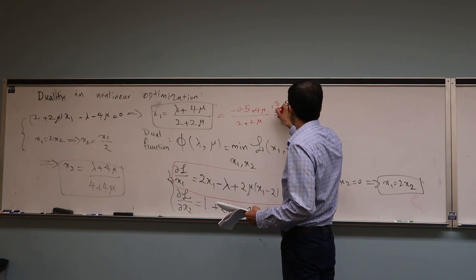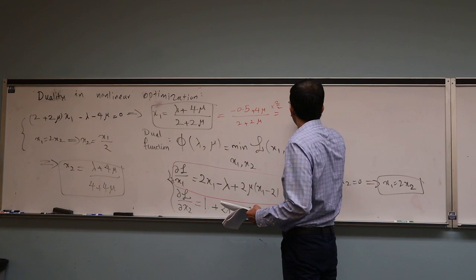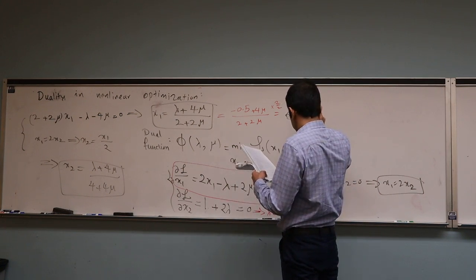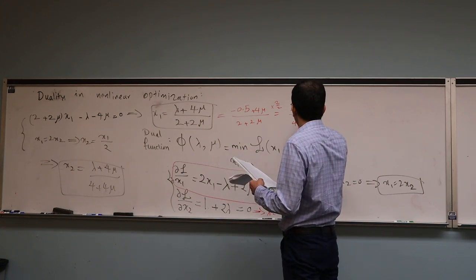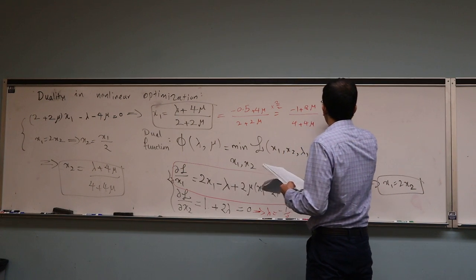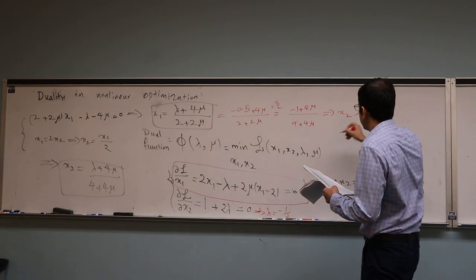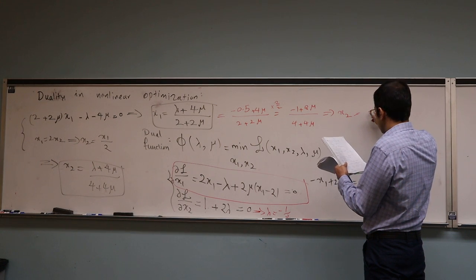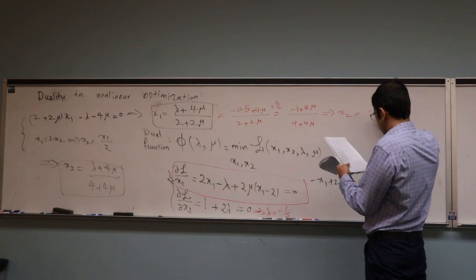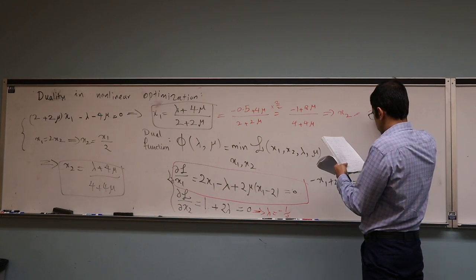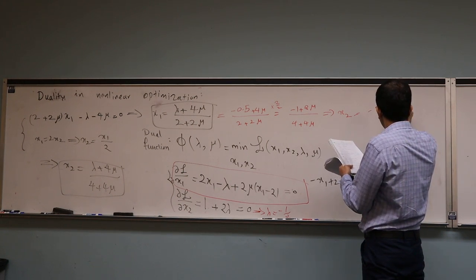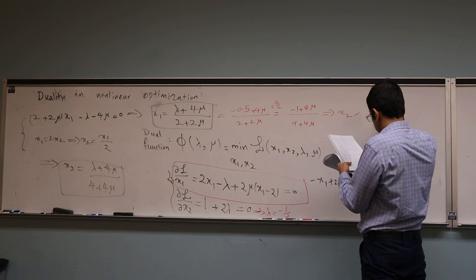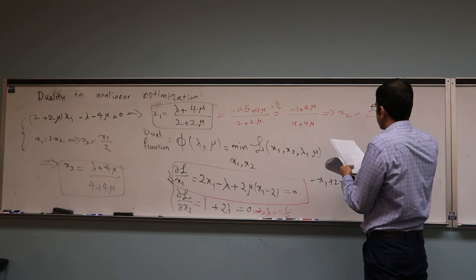So I just multiply by 2 over 2. It will be minus 1 plus 8 mu over 4 plus 4 mu. And then x2 will be half of this, which is minus 1 plus 8 mu divided by 8 plus 8 mu.